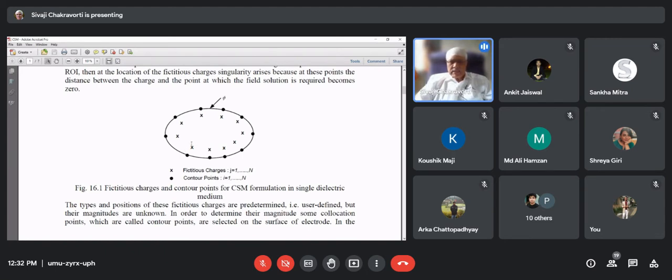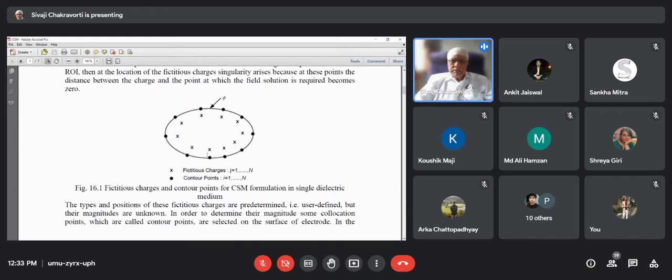So if I say any charge location J and any contour point I, then how can I calculate Pij? From the type of charge. Because if it is a point charge, I know from the coordinates how to calculate that potential. Similarly for line charge, etc. So we can have equations for Pij.